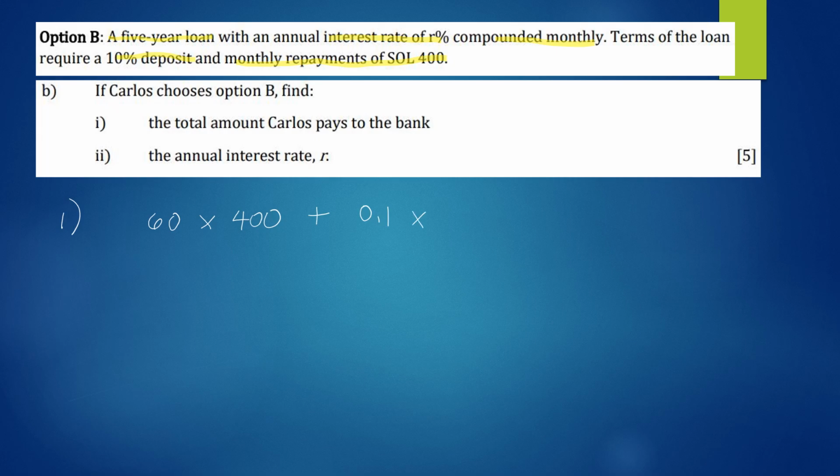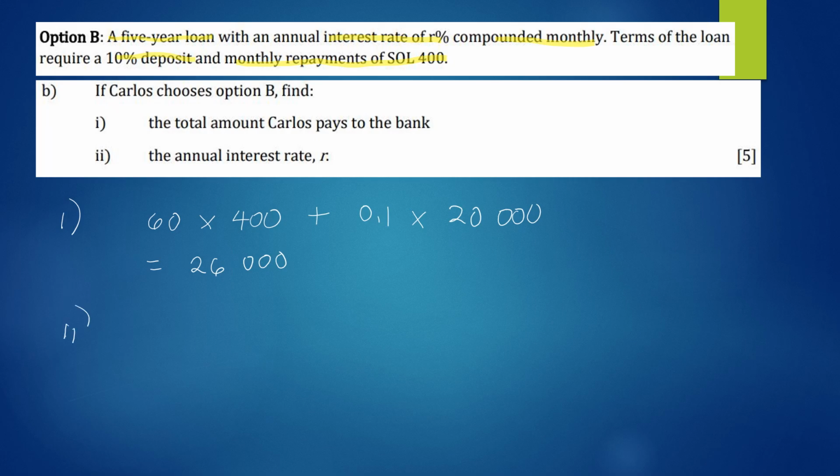This is from the previous slide, 20,000. So in all, the total amount that he pays to the bank is 26,000. If you remember in part 1, I think it's more than 27,000.